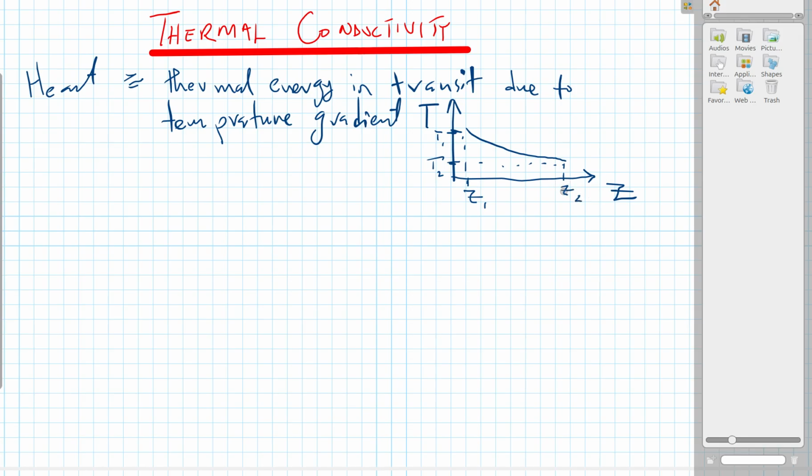Okay. So supposing T1 is greater than T2, then we expect that if there are some carriers of thermal energy, then this energy is going to be transported. Thermal energy from Z1 will be transported to Z2.